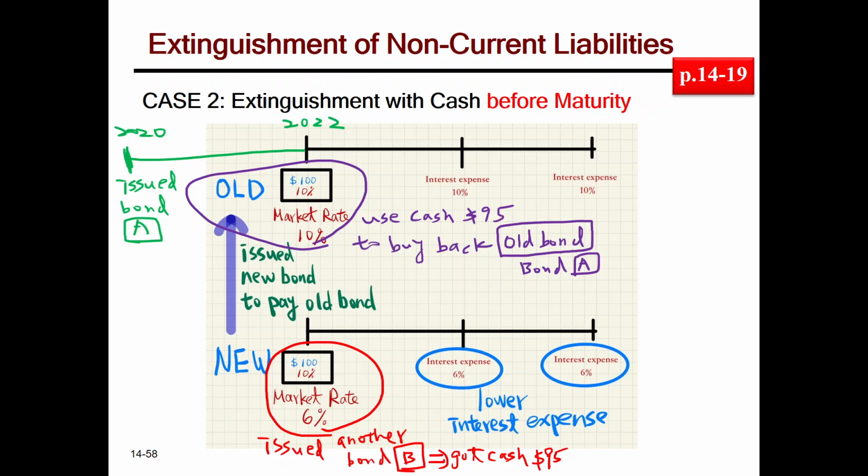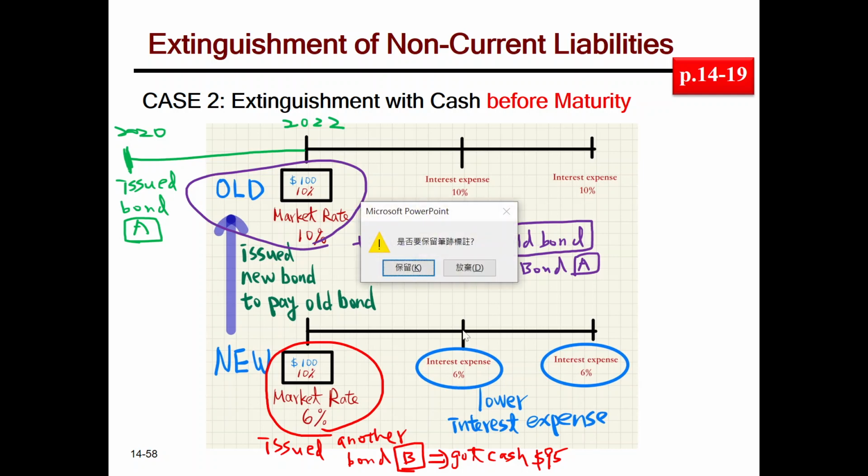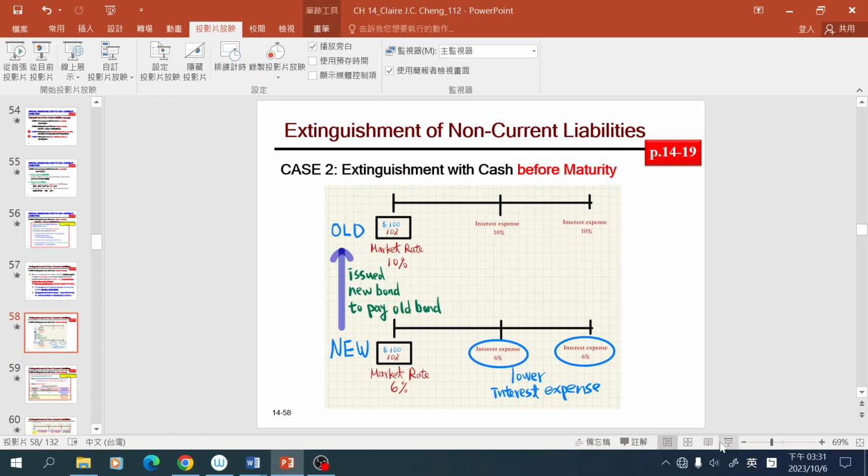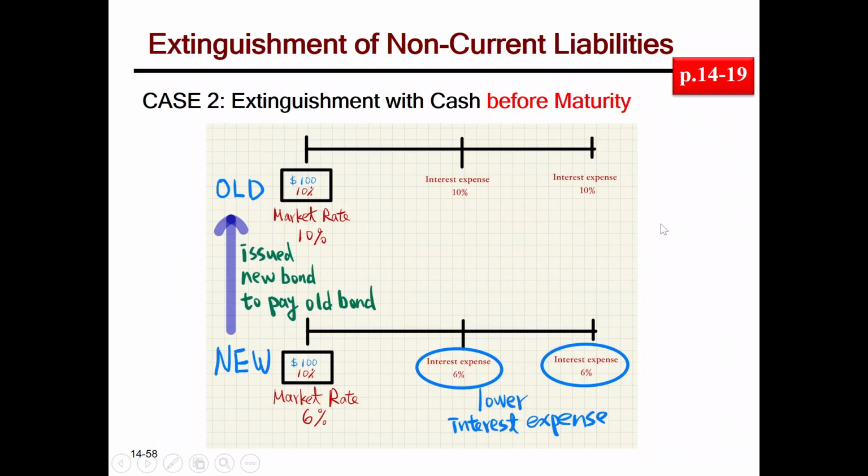Okay, so let's go back to our accounting. For this case, how do we record the situation? We focus on buying back the old bond, but how about issuing the new bond? It's totally the same as before, so that's why we don't mention this part.